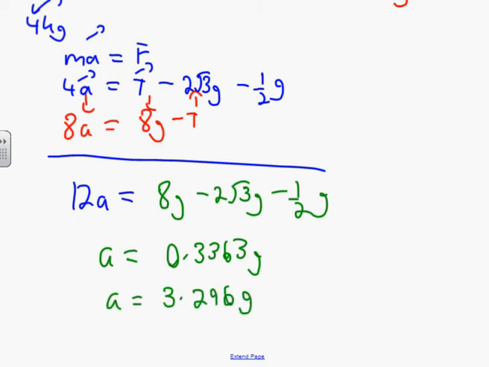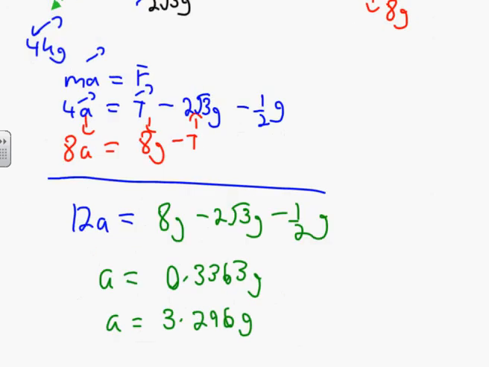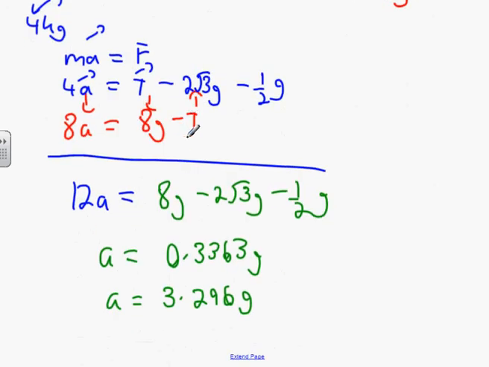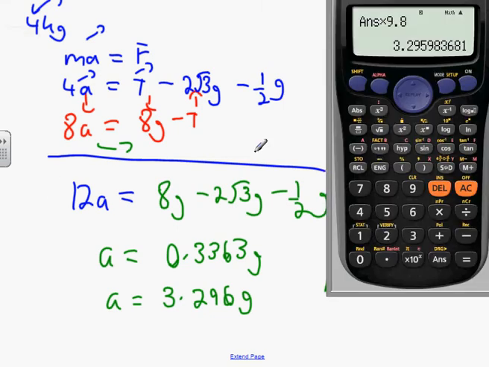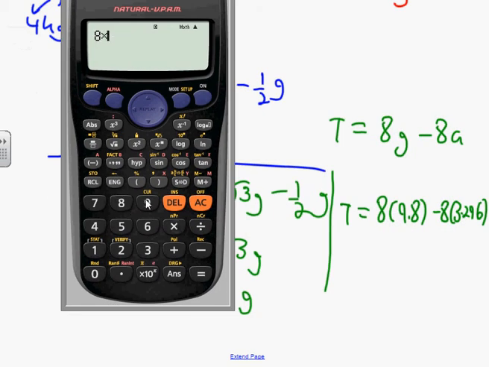Now, to solve the tension, just go back up to the top and use the 8G minus T formula here. So I'm going to get T equals 8G minus 8A. T equals 8 times 9.8 minus 8 times 3.296. Put that into the calculator. 8 multiplied by 9.8, take away 8 times 3.296.